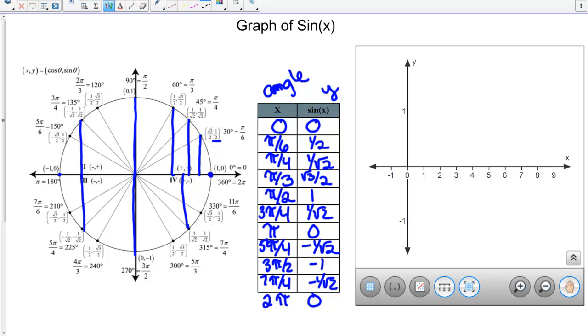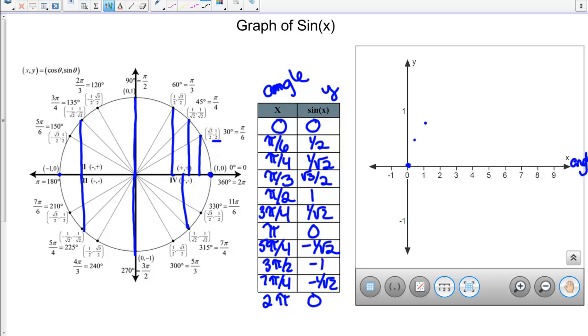So we are graphing, our x-axis is our angle, and y is our sine of x. So at 0, we have 0. At pi over 6, we have 1/2. At pi over 4, we have a half, or 1 over square root of 2.